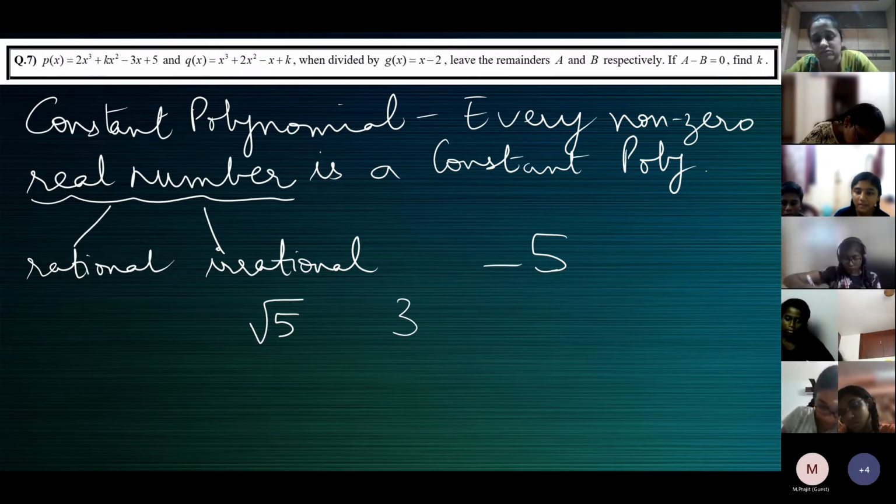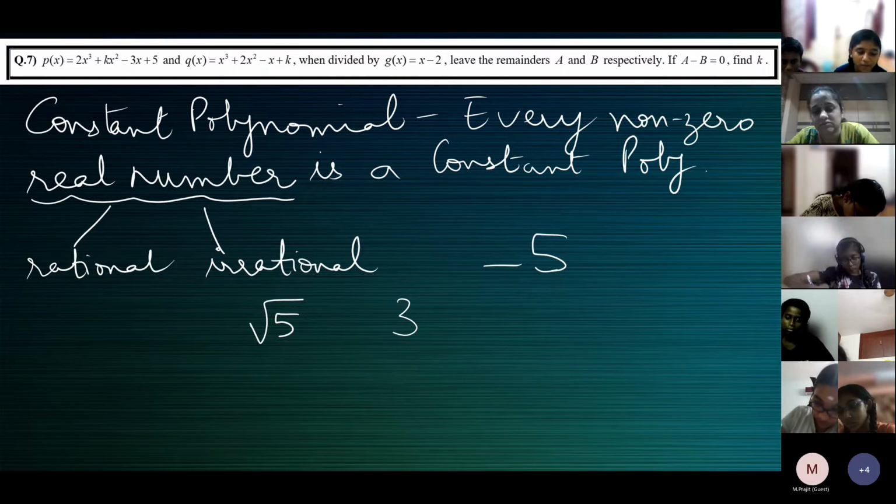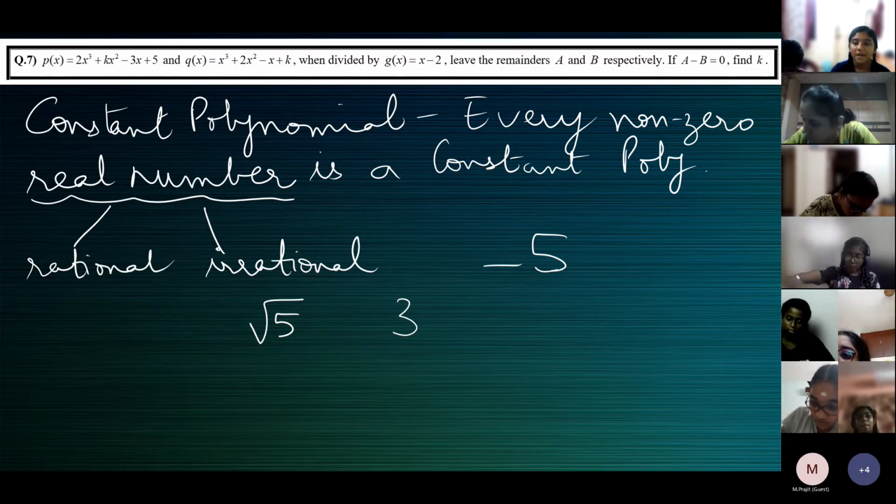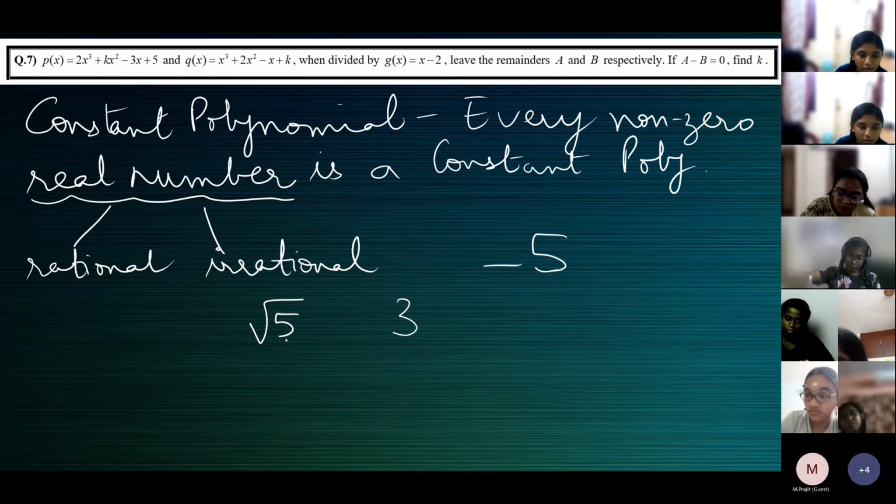But in our school they told quartic is the name for degree 4, ma'am. Polynomial with degree 4. In my school they told for polynomial with degree 4 it is quartic polynomial. Yeah, there are different names.